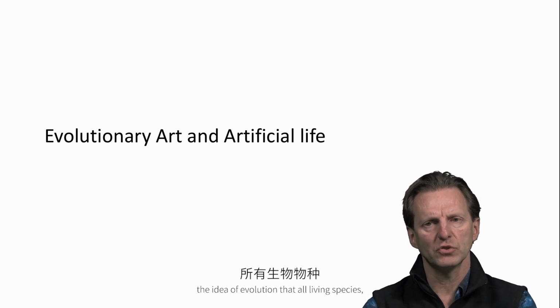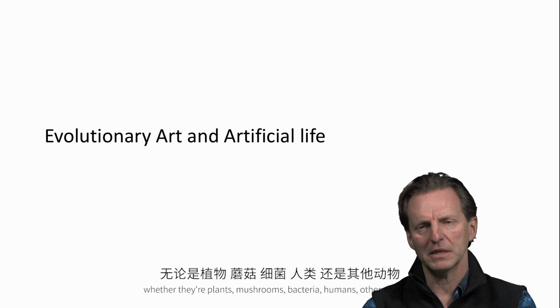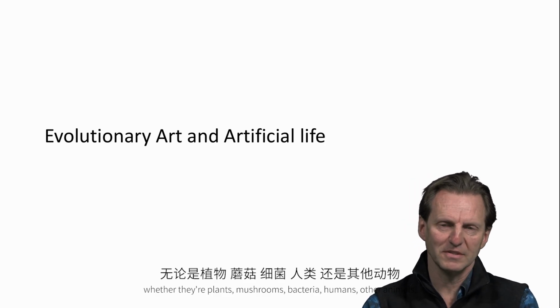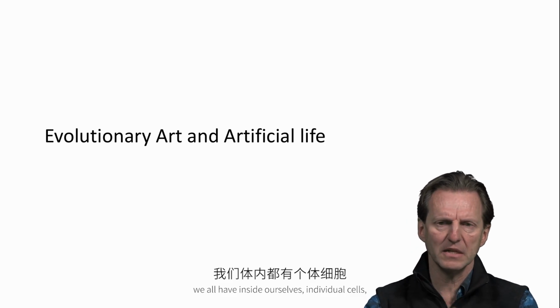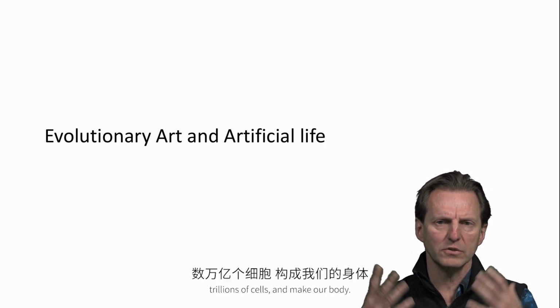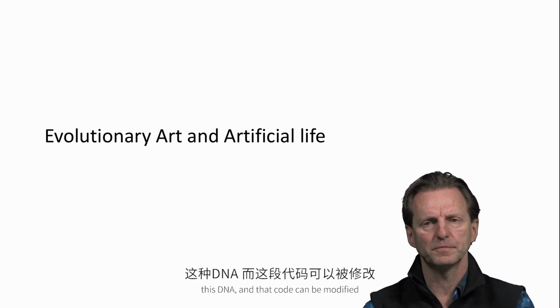The idea of evolution, that all living species, whether they're plants, mushrooms, bacteria, humans, other animals, we all have inside our cells, individual cells, trillions of cells that make our body, we have this code, this DNA.